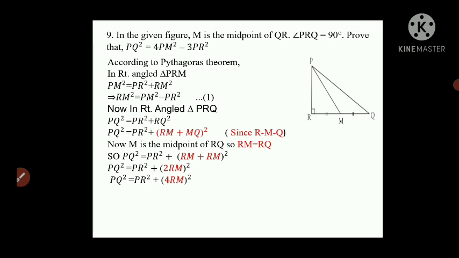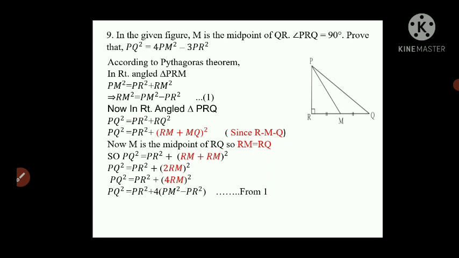So see what we will do here. PQ square from the left hand side I will keep as it is. PQ square as it is is equal to right hand side PR square, the same, plus this 4 I will remove now and keep outside the bracket, and RM. See, statement number 1 is what? RM square is equal to PM square minus PR square. So in place of RM square I am writing PM square minus PR square.